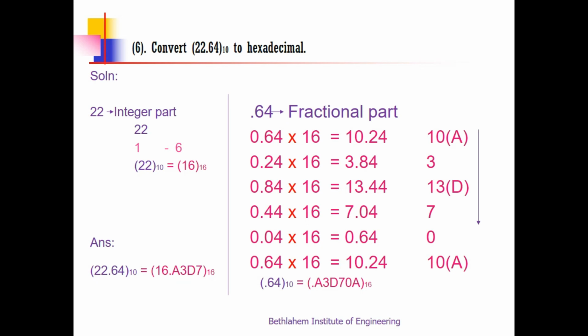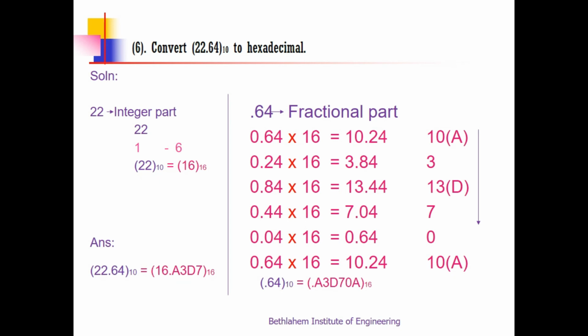So for 22, the number we got in hexadecimal is 16. And for the fractional part, we got the answer as A3D70A. So this is the way in which we have to convert any number from decimal to other number systems.